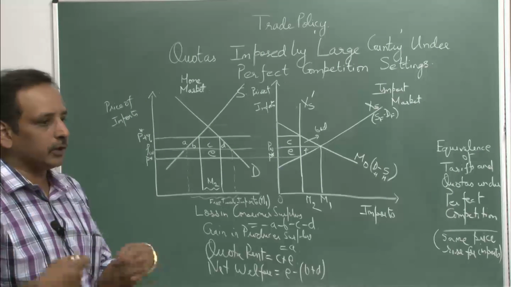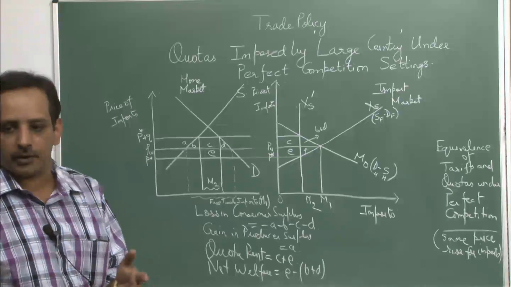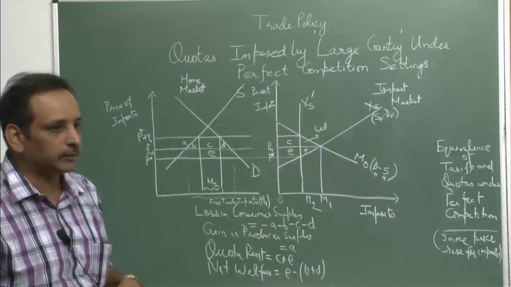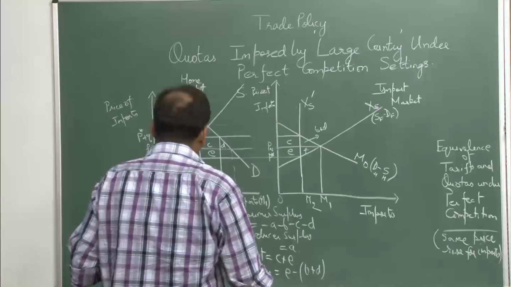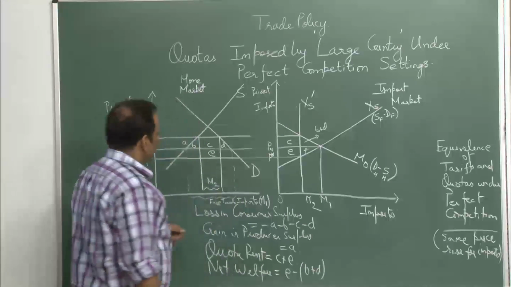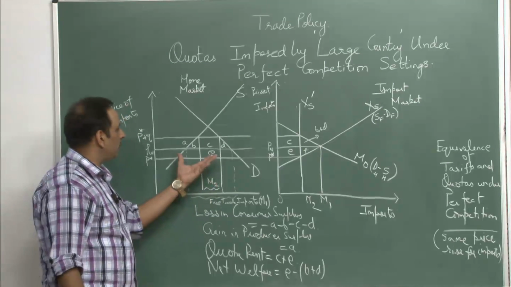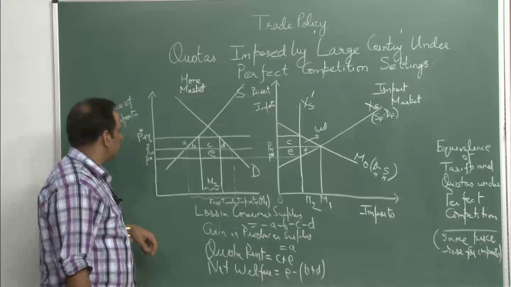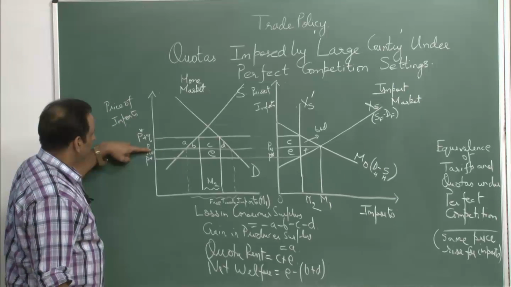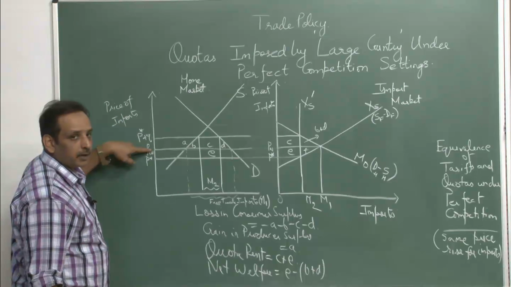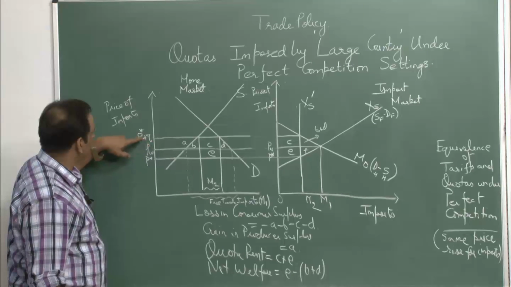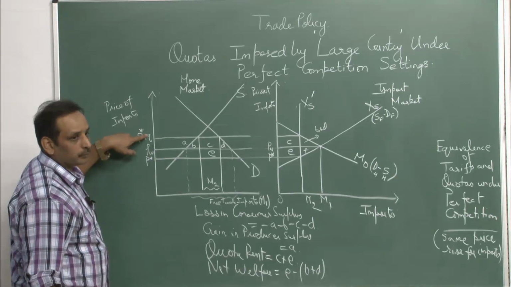Not every producer is given a license, only certain producers are. The producers or anyone who receives this license can now import the product at PW and sell it at P star plus Q.